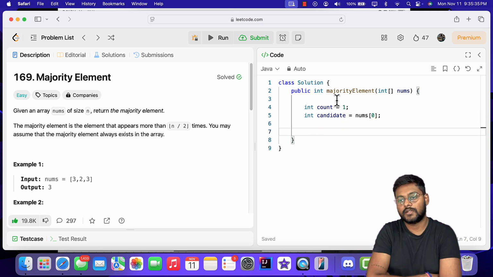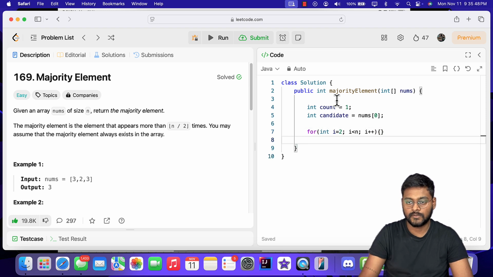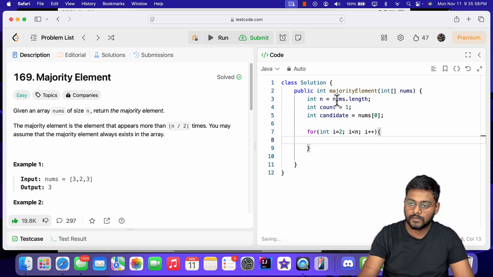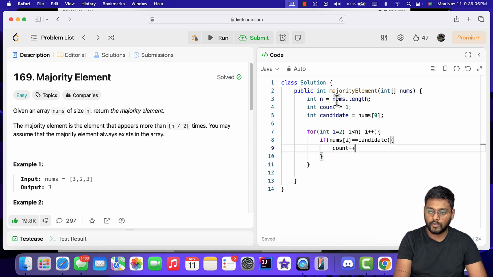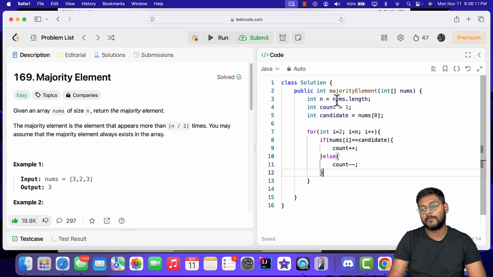The first element is my candidate, and currently the count is 1, and I can iterate further from index 1, i less than n, i plus plus. n is the length of the array. If nums of i is equal to the candidate, in that case I'm going to increment the count, else I'm going to decrement the count.